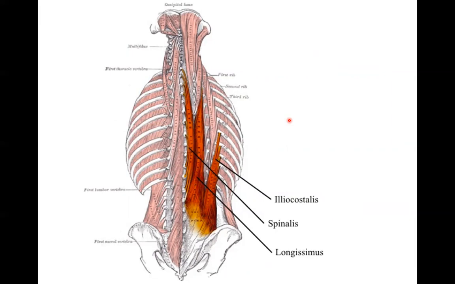Together, these muscles collectively function to extend the vertebral column, or if they're only contracting on one side, to laterally flex the vertebral column. They're running parallel to the vertebrae, they're deep, they're complex. We never see them on the cadavers, so we don't really talk about them in lab, but they're antagonists to the abdominal muscles and muscles that cause flexion of the vertebral column.